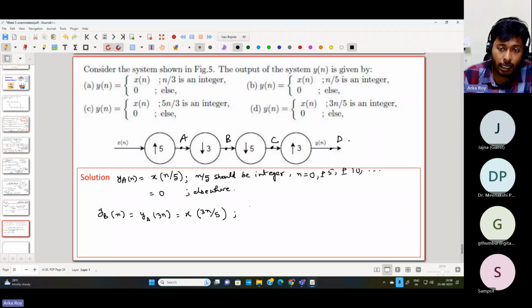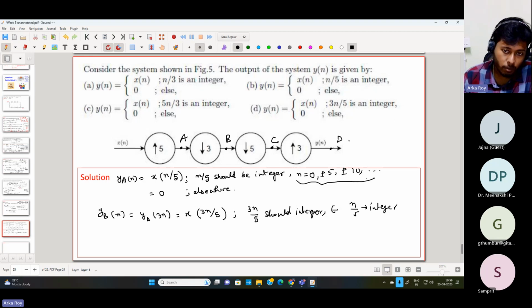So again, 3n by 5 should be an integer. When n by 5 is an integer, obviously 3n by 5 will be an integer. So effectively, 3n by 5 integer means n by 5 is integer. So we don't have to bother about this particular operation over here, because we have already taken care of this n by 5 integer part.